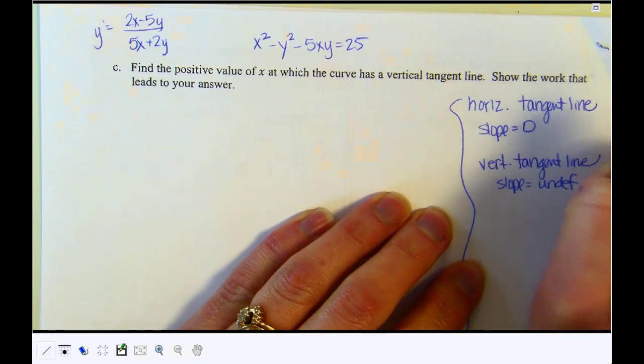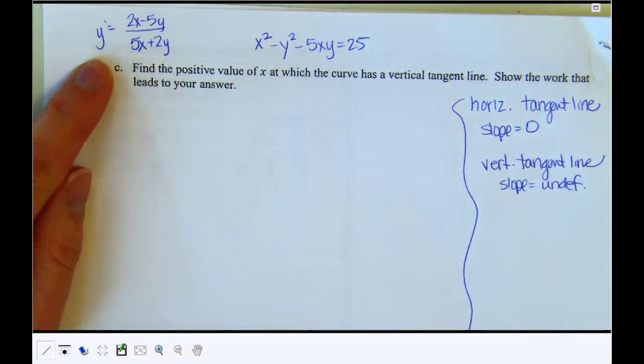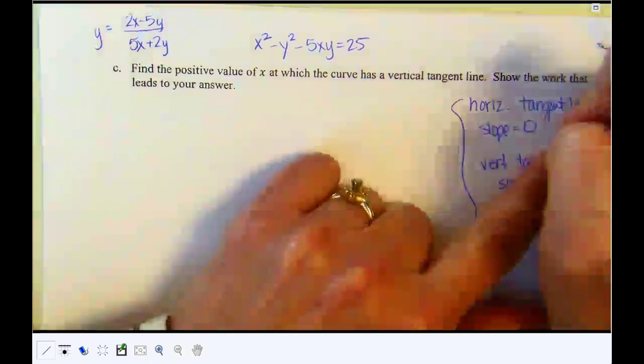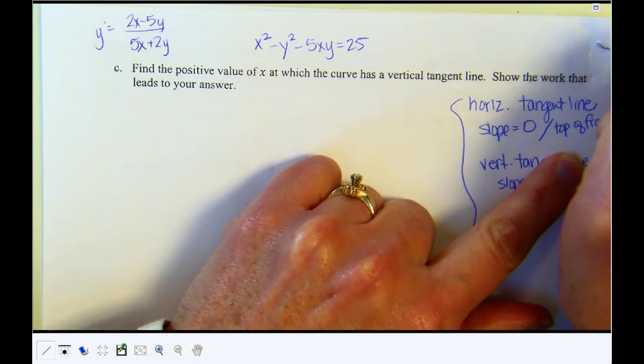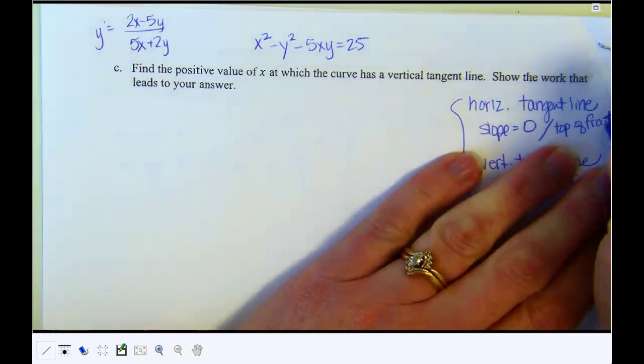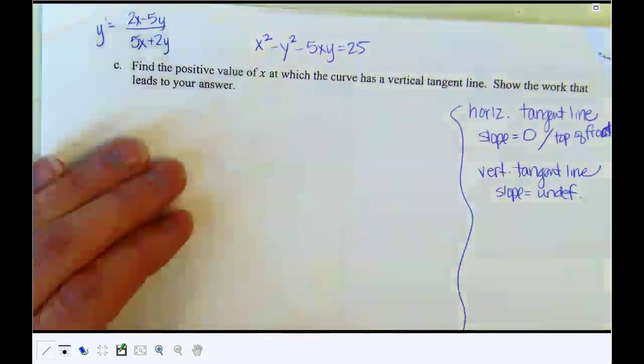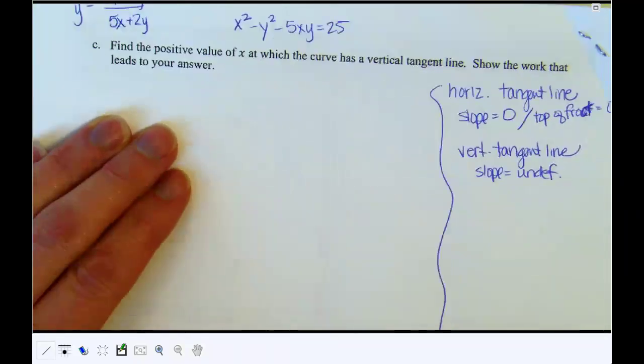So listen, if we're dealing with something that is a fraction, which is the only time I've seen this vertical tangent line business at all: on a horizontal tangent line, the slope is 0, so the top of the fraction is equal to 0.